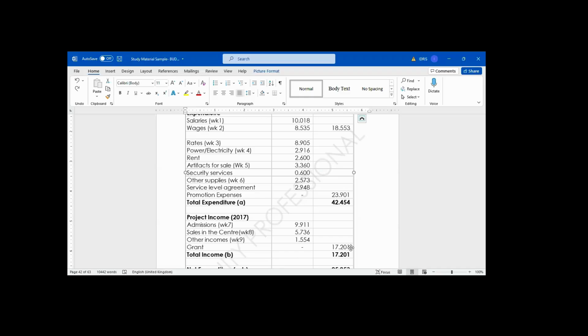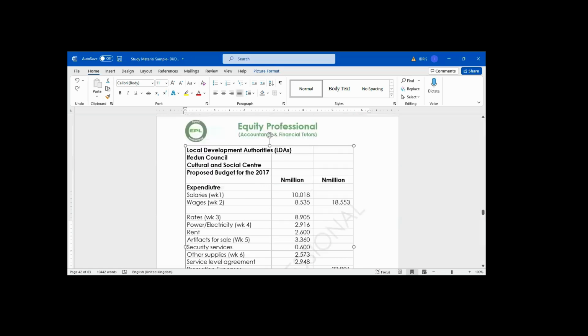That is the total income for 2017, 17.201. Now, let's go to salaries.